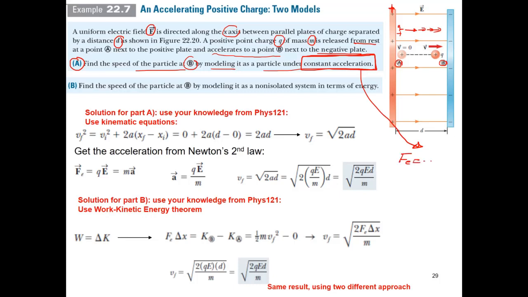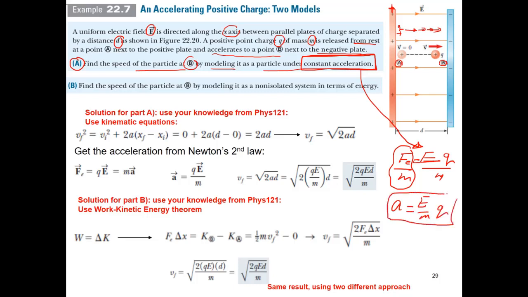Fe is equal to E multiplied by Q, right? What about acceleration? Well, if you divide this by m, by Newton's second law this acceleration is equal to E divided by m multiplied by Q.